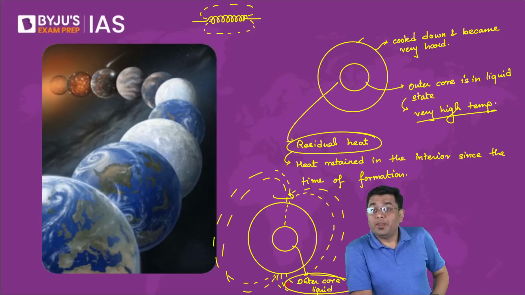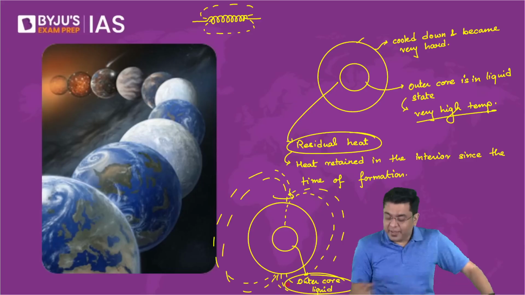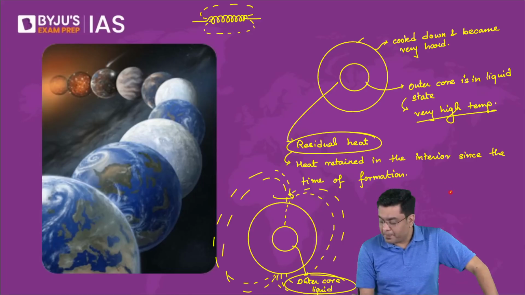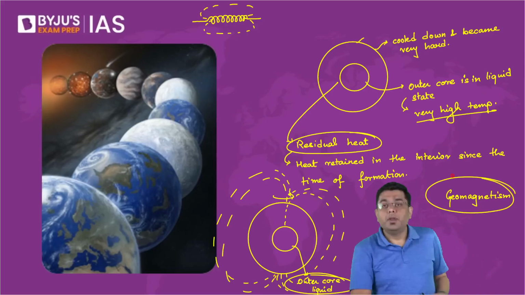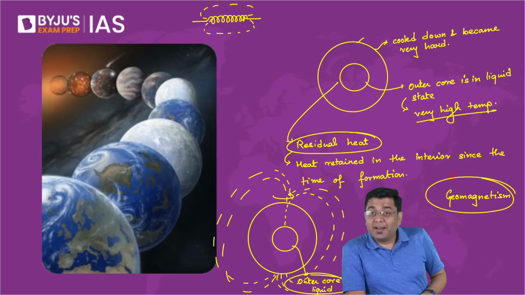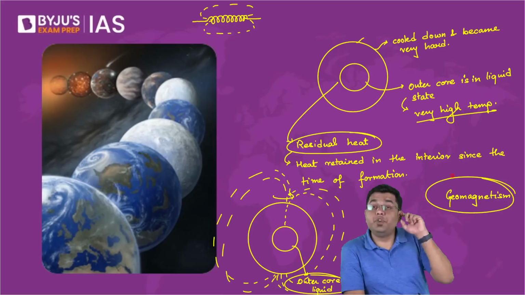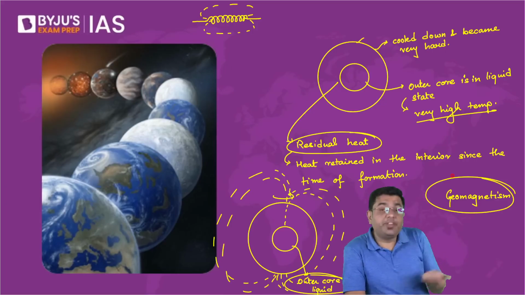Now, that is what is referred to as geomagnetism. That is magnetism exerted by Earth itself. That is what geomagnetism is. So this is how the magnetic field is created.